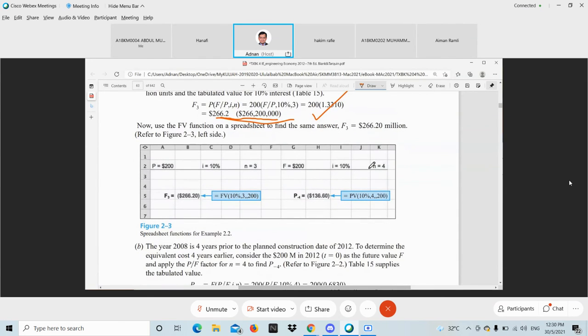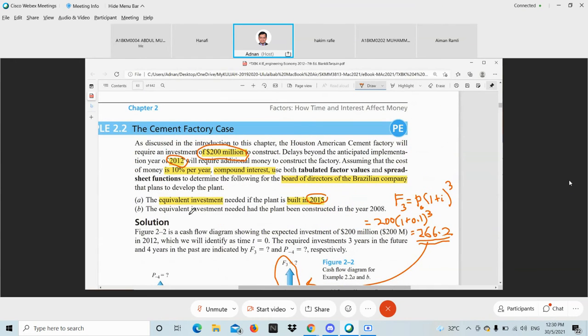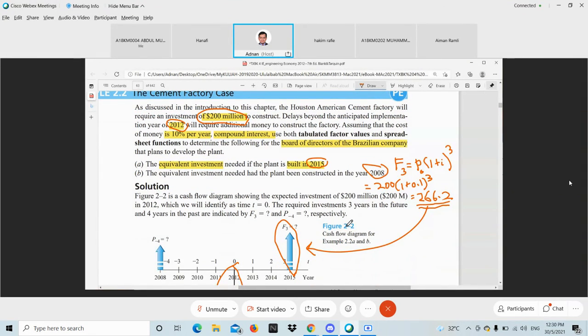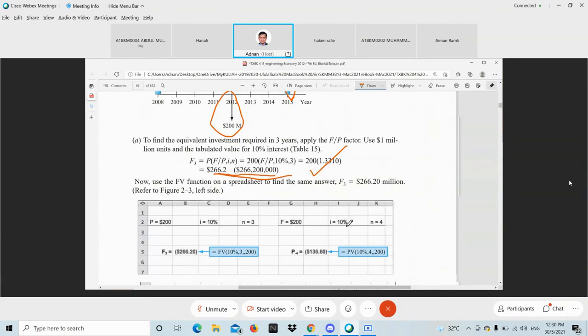All right, so the second question is asking the equivalent investment needed had the plant been constructed in year 2008. Okay, katakan sekarang dia kata okay, kalau kita invest dululah tahun 2008, 4 tahun lepas, how much is the money required by that time, kalau 4 tahun lepas, lebih awal.